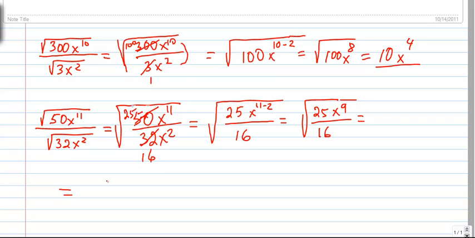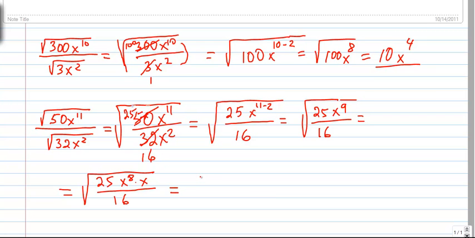And we can either take out the square root of 25 and 16, or still simplify the variable and then take out everything. So let me still keep everything under the radical sign and simplify the variable, since it was an odd number, so I express it as a product of two factors.